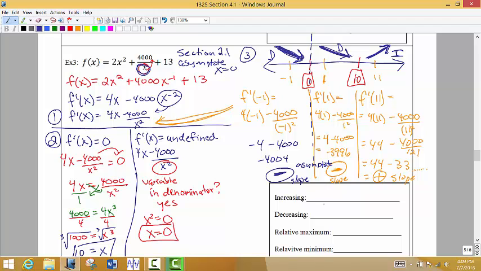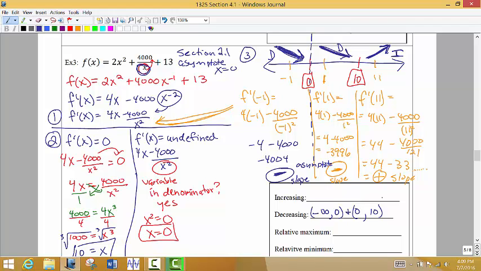So in order to say that we're decreasing, we're going to separate this. I'm going to say negative infinity all the way to 0. And then we're decreasing again from 0 all the way to 10. Okay, I'm not going to be super picky about that, but just be careful about how you define your intervals. If there's an asymptote there, then we'll write it as two separate intervals.